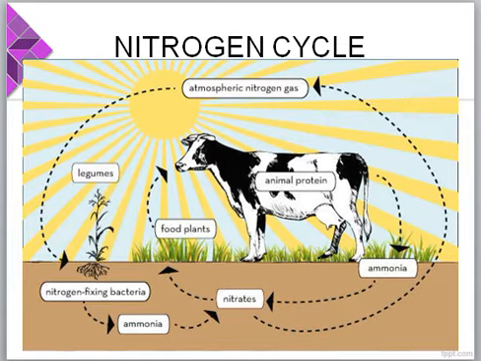The third step that does not require the action of bacteria is the assimilation. Again, assimilation is the process by which roots of a plant absorb the ammonia and the nitrates being produced by the nitrogen fixing bacteria and the nitrifying bacteria.